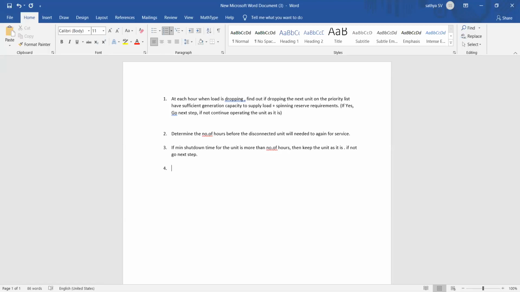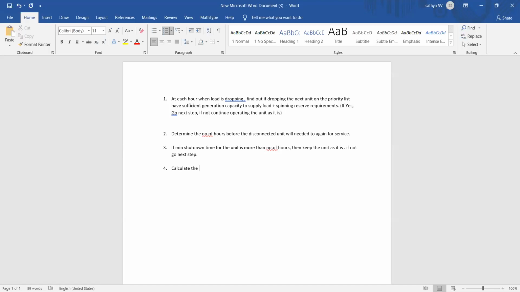Okay. So the important step in this algorithm was we need to calculate the cost. What are the costs we require, which is one depending on the time, right?